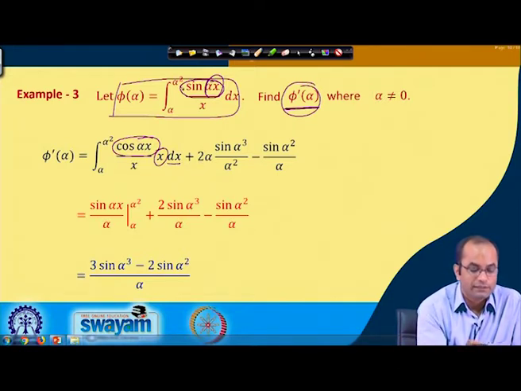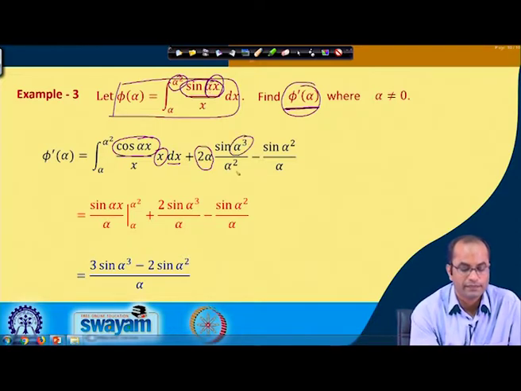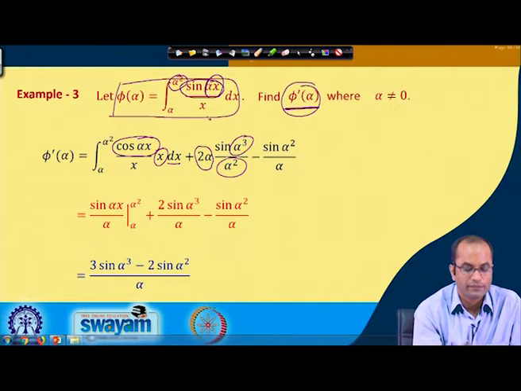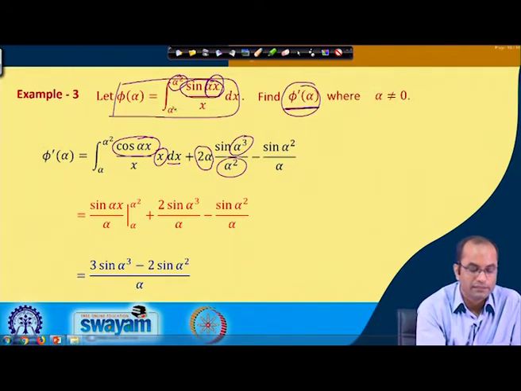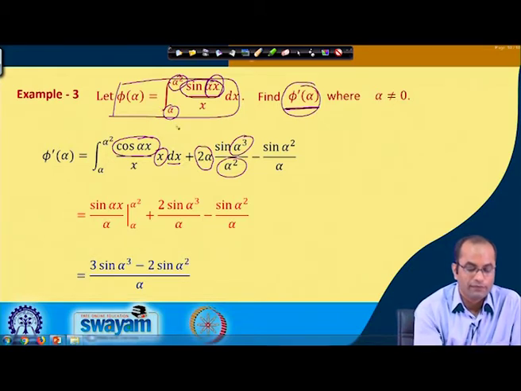Plus the derivative of the upper limit. So, that is 2 alpha, and then in the integrand we will substitute alpha square for x. So, we have sin alpha cube for this alpha x over alpha square, and minus the derivative of the lower limit alpha with respect to alpha, which is 1 here, and then sin alpha x, where x will be replaced by alpha.